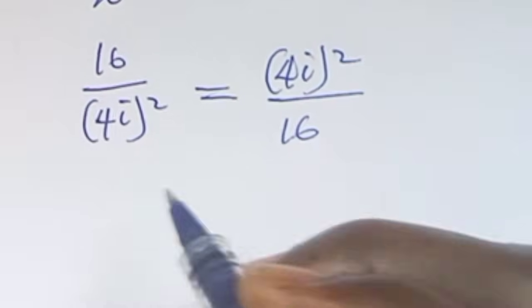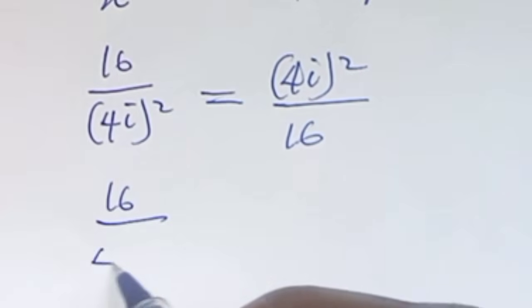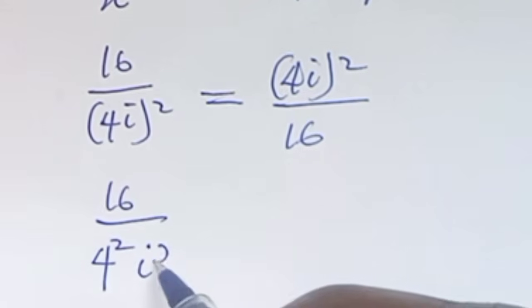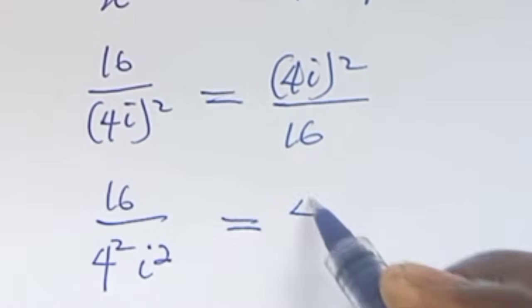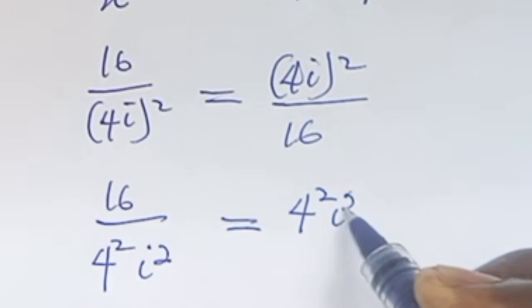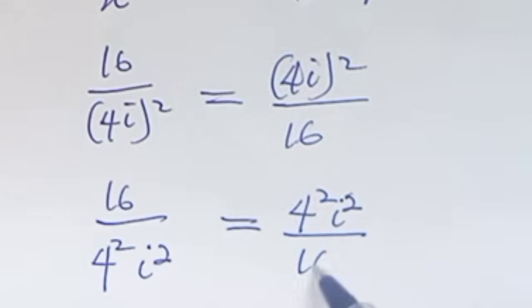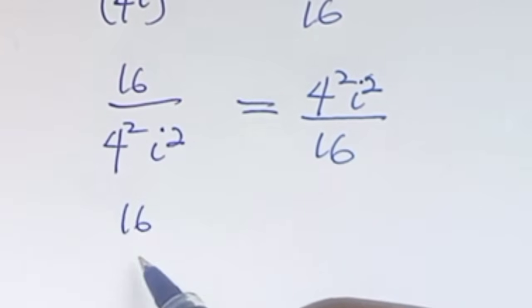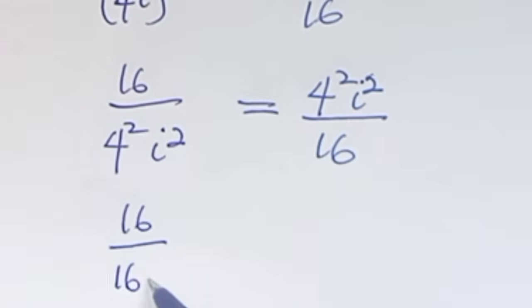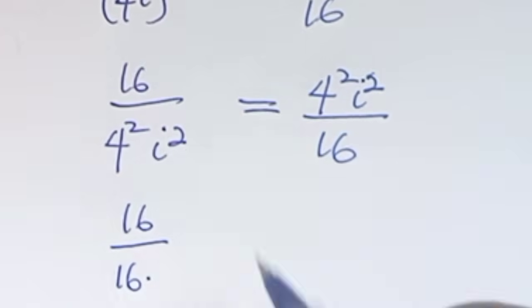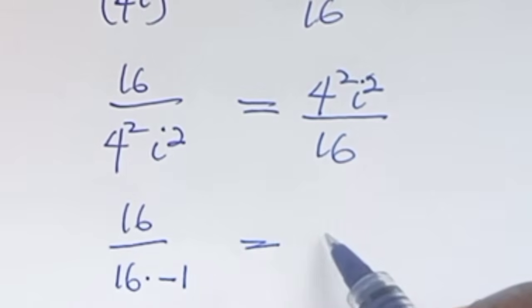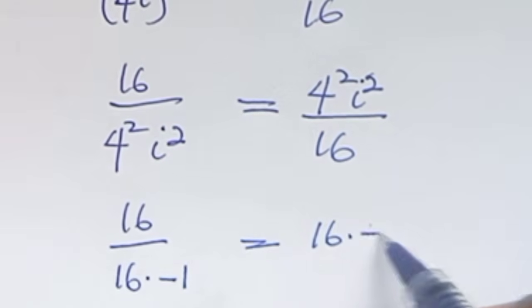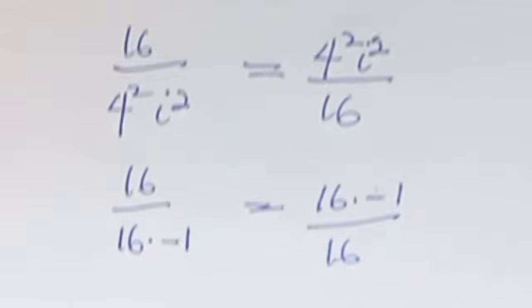So if we solve, we're going to have 16 over 4 to the power of 2, i to the power of 2 is equal to 4 to the power of 2, i to the power of 2, all over 16. And this can be 16 over 4 to the power of 2 is 16 times i to the power of 2 which is minus 1, equals 16 times minus 1 all over 16.